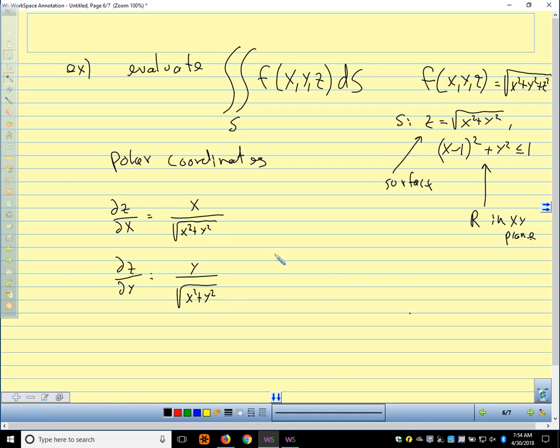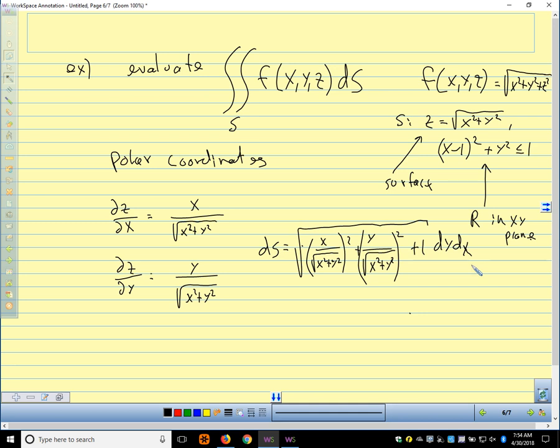So our dS is going to be the square root of, I need to make my square root bigger, x over square root of x squared plus y squared, squared, plus y over that same square root of x squared plus y squared, squared, plus 1, and this would be dy dx or dx dy, since we're setting up our region in the xy plane, or when we're going to go to polar coordinates.